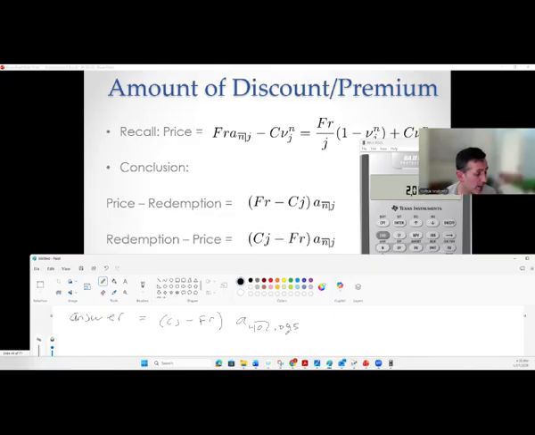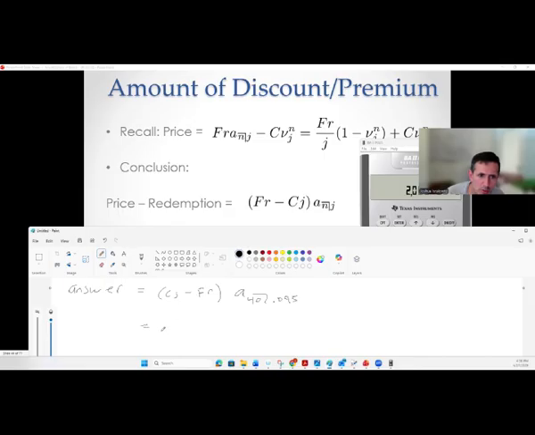You can check the answers in the sample SOA solutions. Again, everything I'm going to do from now on for these examples are just the sample SOA problems. And this is 2062. We just solved for this. 2062, 2, a 40 at 0.095.